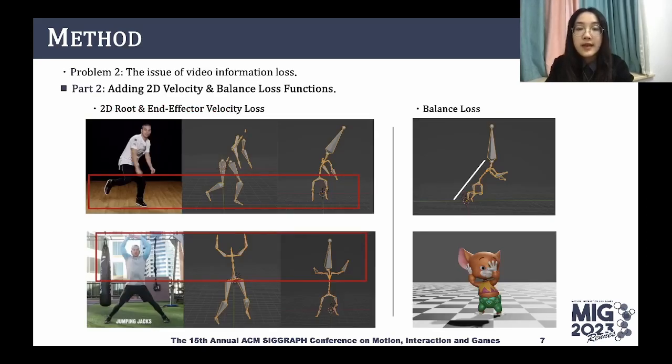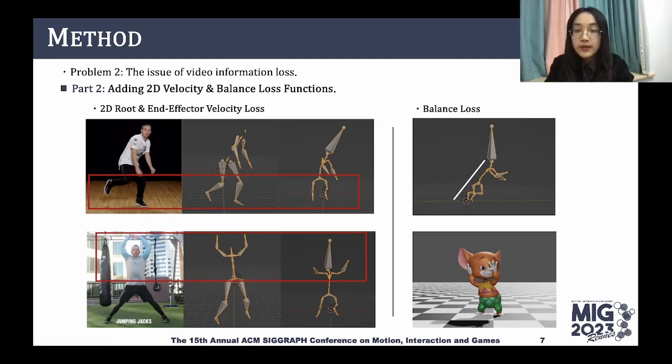Now about the second issue, where the videos are not really used in the retargeting network. We add loss functions to the skeleton-aware network. The original loss function in the network doesn't refer to the original video data, leading to the animated characters fitting the original videos less well.